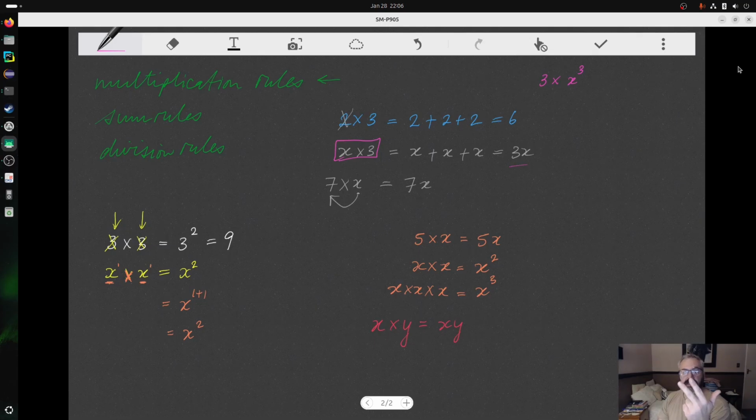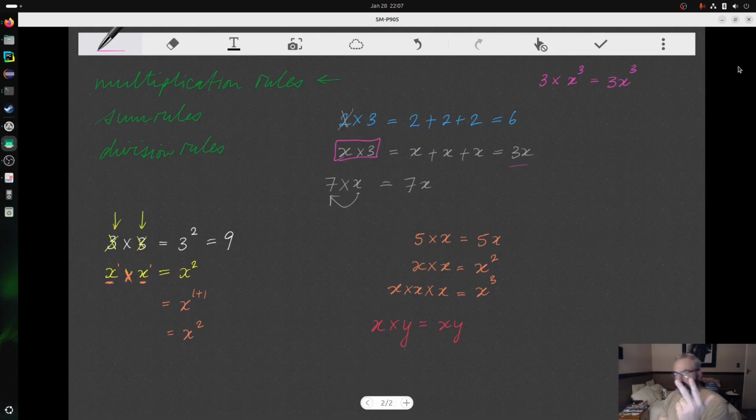Now we use the same kind of thinking, but what we say now is I've got an x to the power of 3, and I multiply that by 3, so how many x to the power of 3's do I have? So I have now 3 x to the power of 3's.